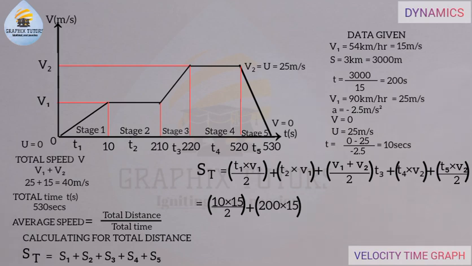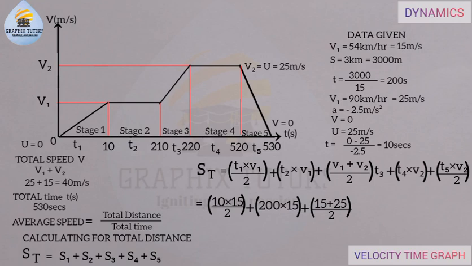So my T1 here is 10 minus 0, and that will be 10 multiplied by V1, which is 15, all over 2, plus T2, which is 210 minus 10, that gives us 200, multiplied by V1, which is 15, plus the minimum velocity plus the maximum velocity, 15 plus 25, all over 2, multiplied by T3.